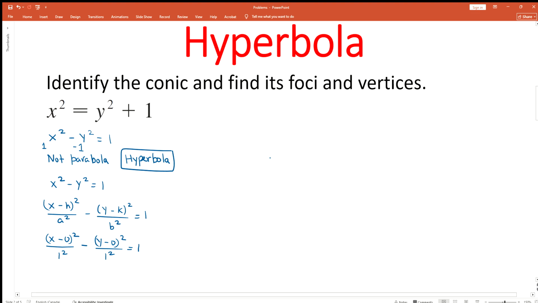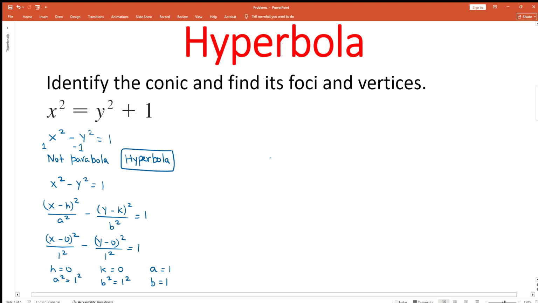If we compare this equation with the general equation, we can conclude that h is equal to 0, k is equal to 0, a squared is equal to 1 squared, and b squared is equal to 1 squared. We can find the values of a and b by applying square root to both sides. So we'll get a equals 1 and b equals 1.